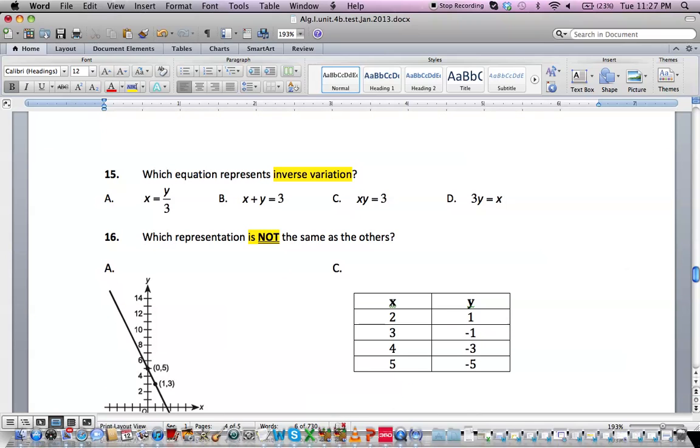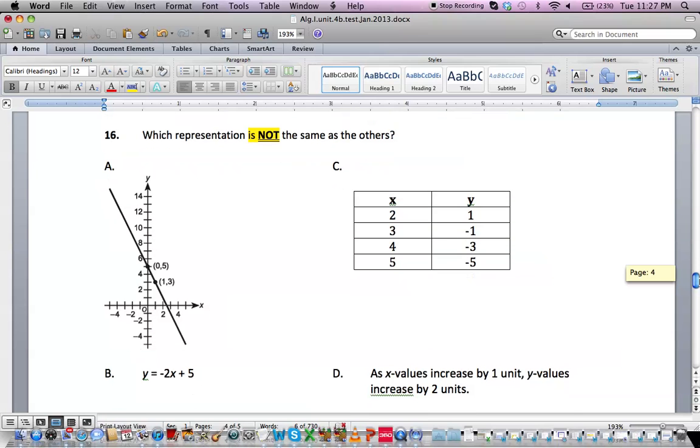15. Which equation represents inverse variation? Keyword, inverse variation. Which one of those represents inverse variation? Okay? Which representation is not the same as the others?